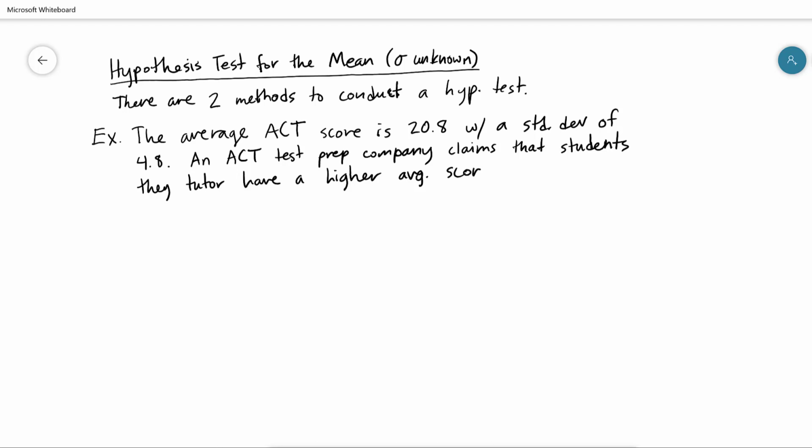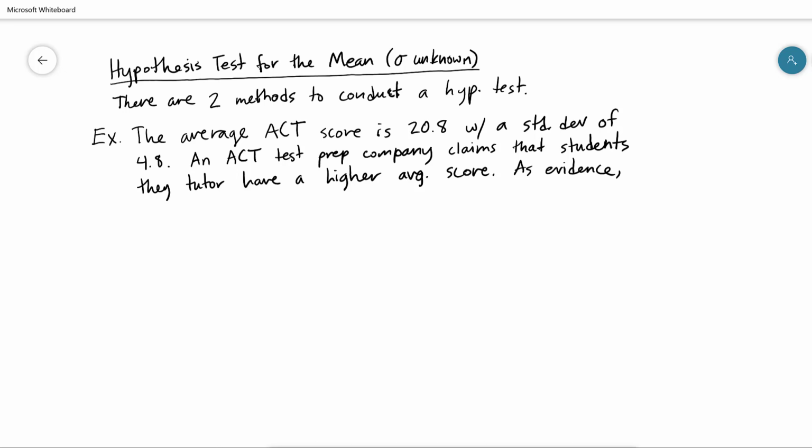And as evidence of this, they have a simple random sample of 80 students, and the average score of those 80 students that have been tutored by them is a higher number. 22.3 is what we're going to use.